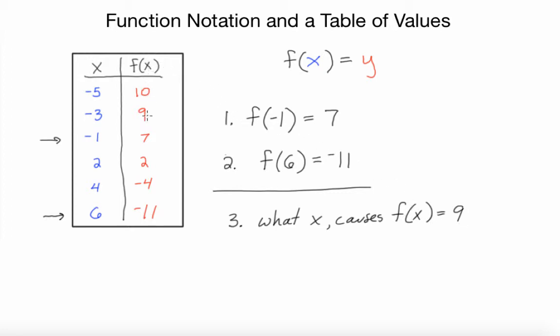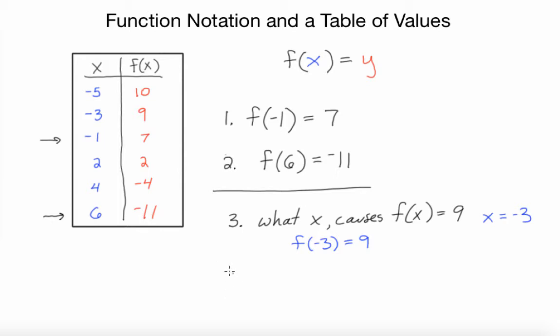Here's where f of x is 9, and it looks like if I input a value of -3, that's going to give me an output value of 9. So x equals -3, and if I take my function f of -3, that's what gives me an output value of 9.